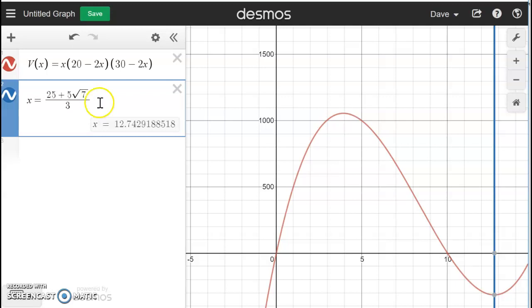But notice that that value is 12.7, which is bigger than 10. It's not interesting to us. We don't care about that x value. I guess also, even if we did care about it, it would be giving us a minimum and not a maximum.